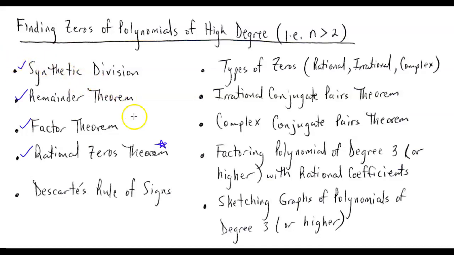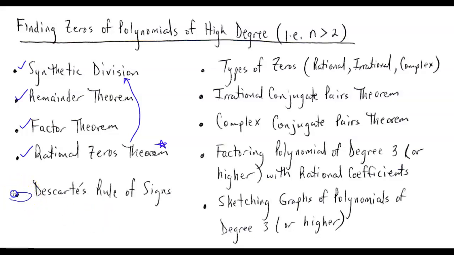And one of the things that we'll see is that we are going to use synthetic division to help us in that process. To speed things up, I'm also going to use some technology to help you find what we need from the rational zeros theorem quicker, so that we can apply our skills to get what we want.